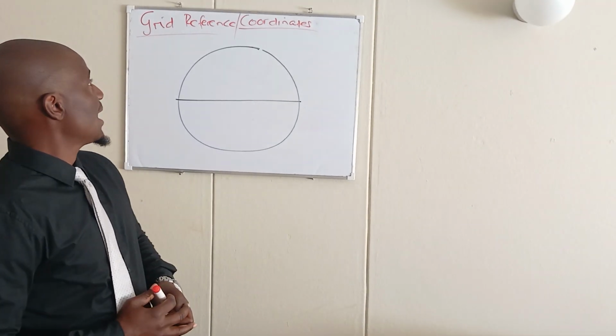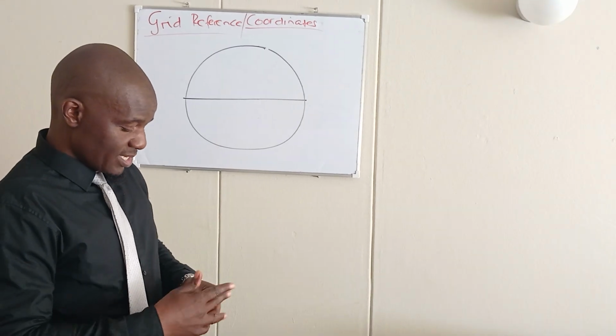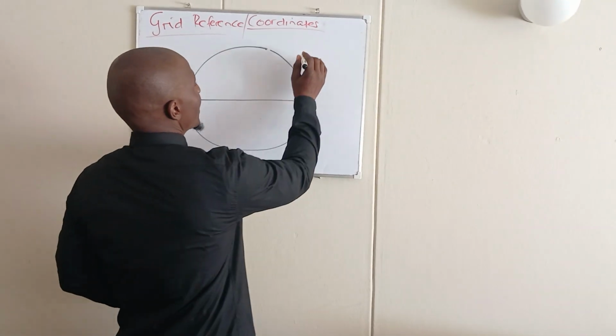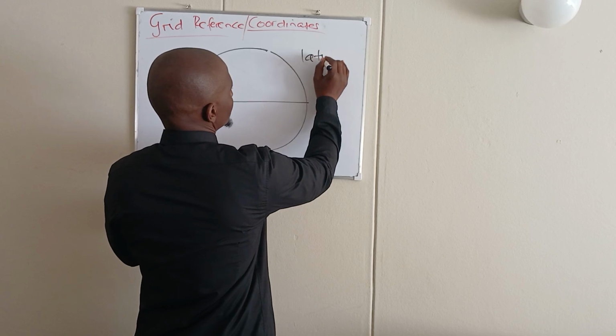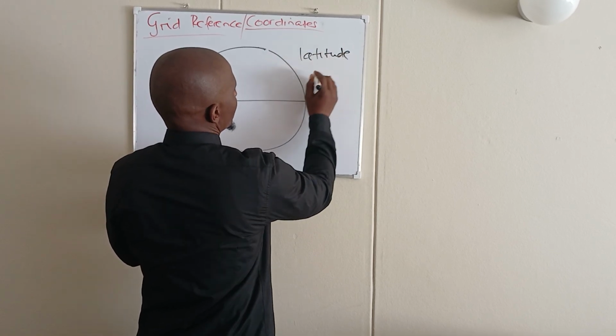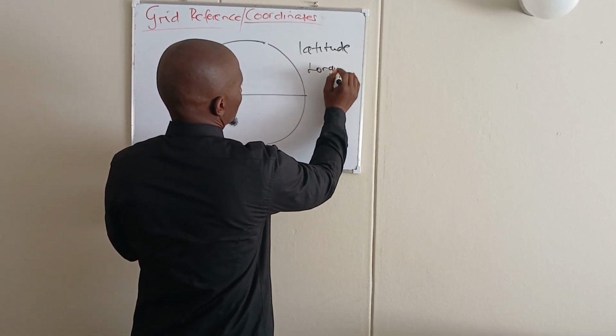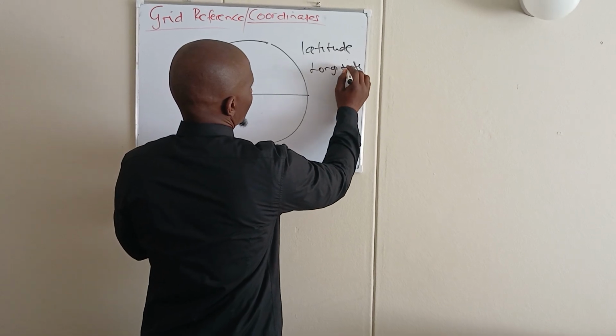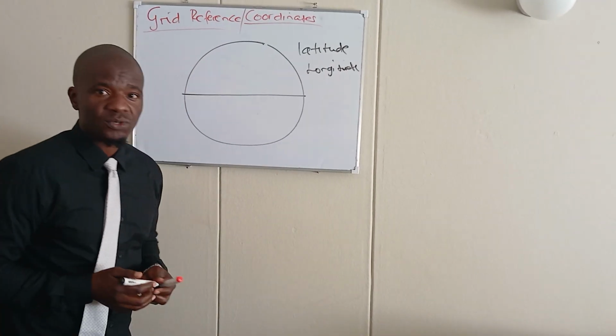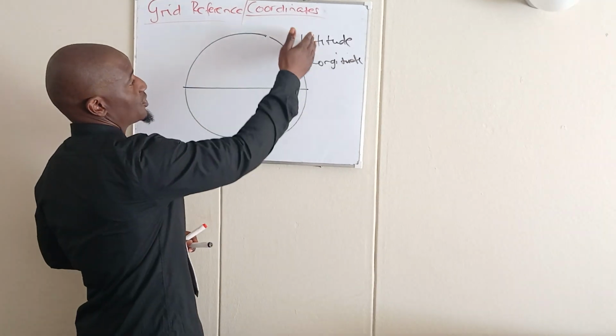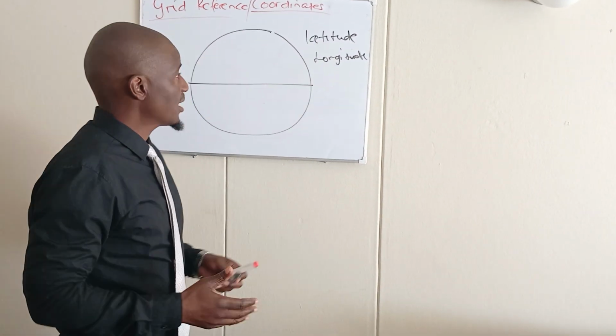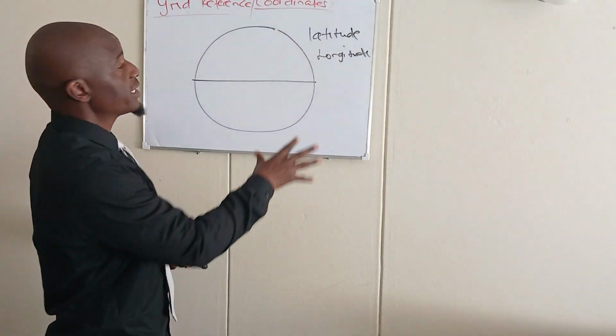But when we are doing the coordinates, we are looking at the location in terms of latitude and longitude. We are looking at the position of a place or a feature in terms of our latitude and longitude.